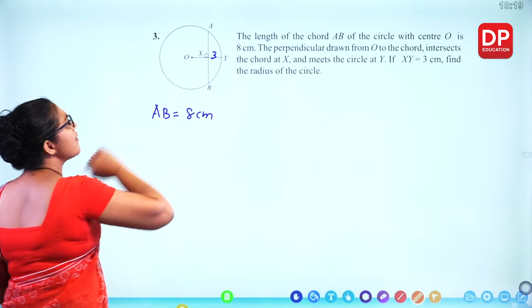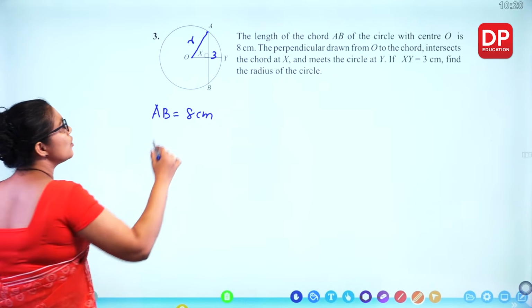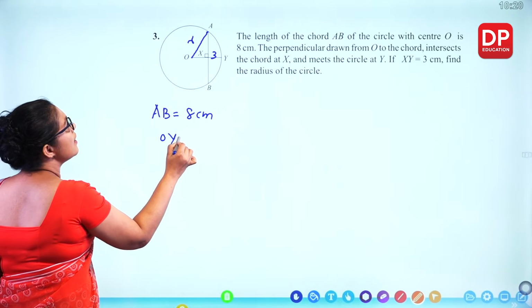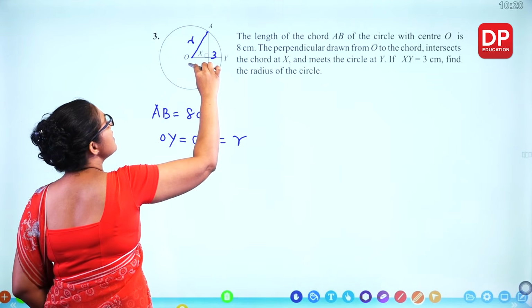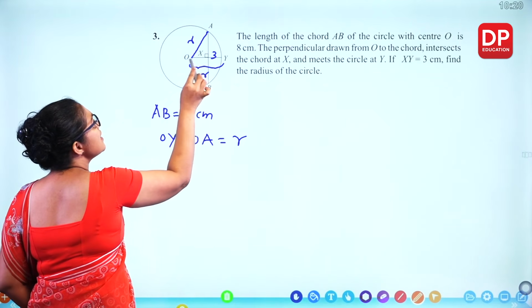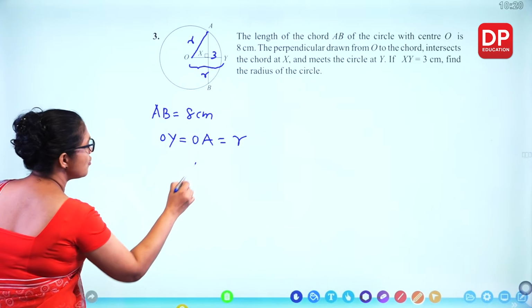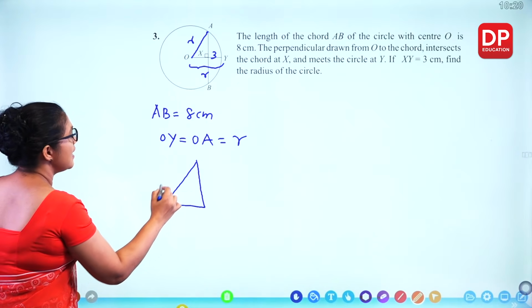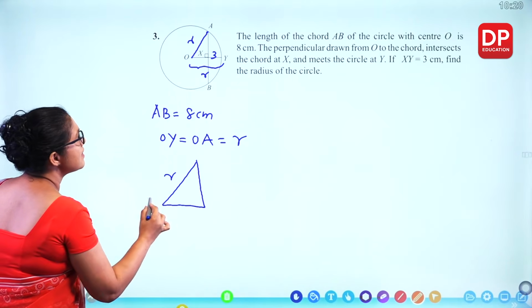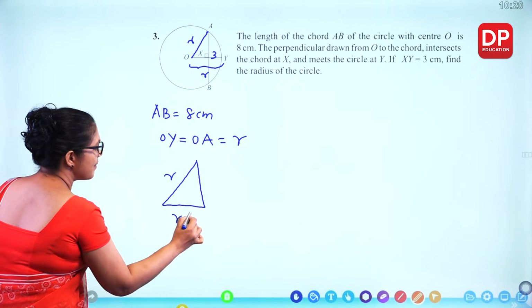When you look at this diagram, we'll connect OA, that's the radius. We'll put R here, and we also know OY is a radius. If you take this as the radius, what is this length? R minus 3. Now we'll draw the small triangle. This side is R and this length is R minus 3.